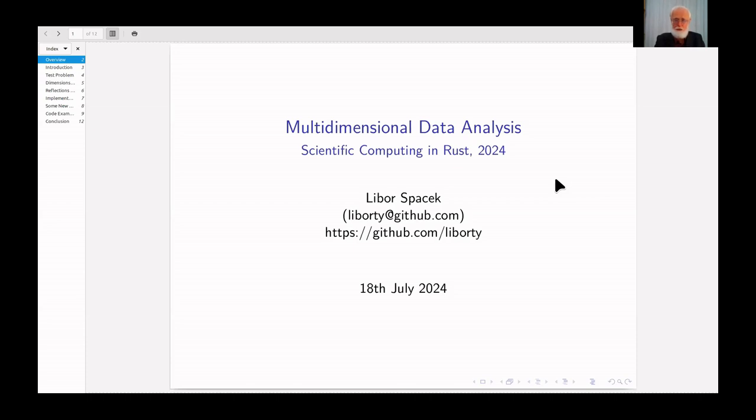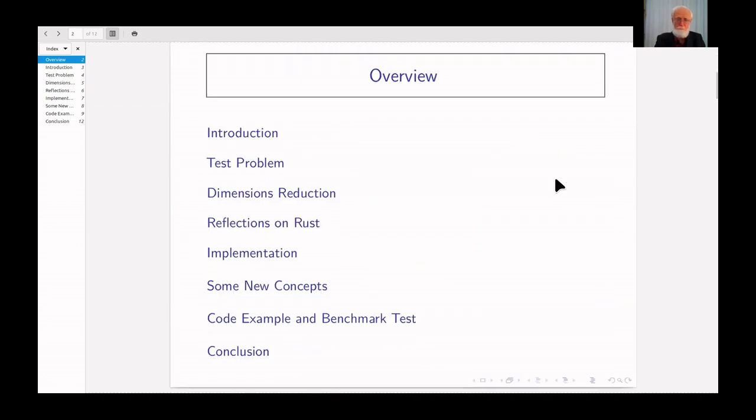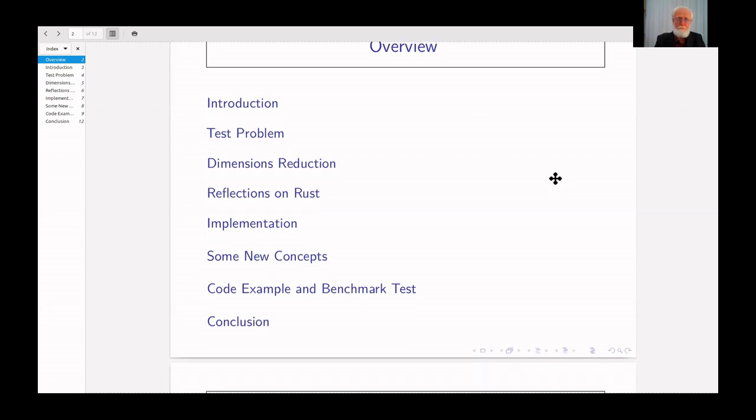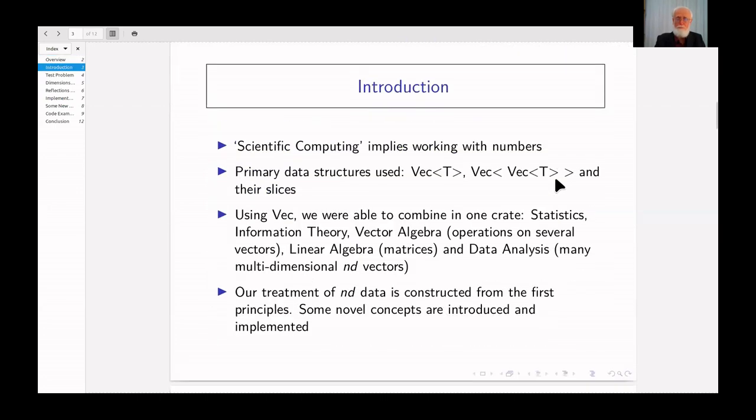Multidimensional data analysis. All right, so that's the overview. What do we mean by scientific computing? Well, I take that to mean working with numbers. The primary data structures used are a generic Vec of some kind of numerical type, or Vec of Vecs, in order to deal with large numbers of vectors or matrices.